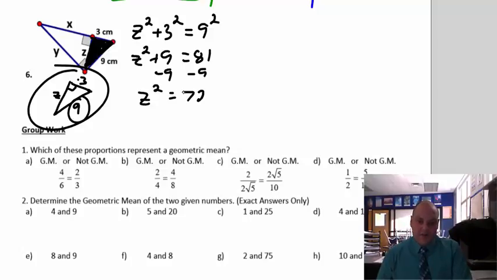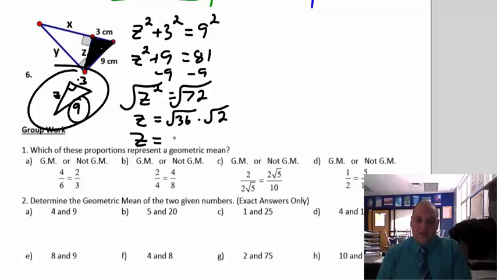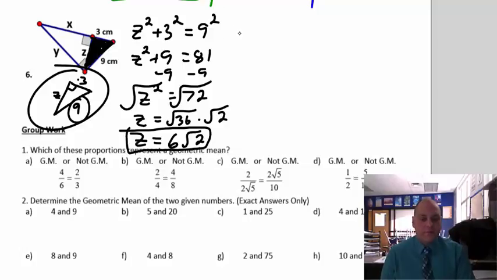Z squared equals 72. Take the square root. And of course, this breaks down to 36 times 2. The square root of 36 is 6. That's going to be 6 square root of 2. And that's z. So now I know z.